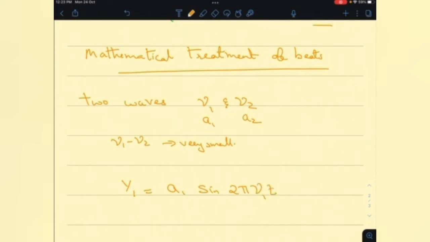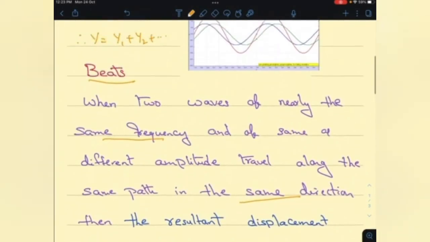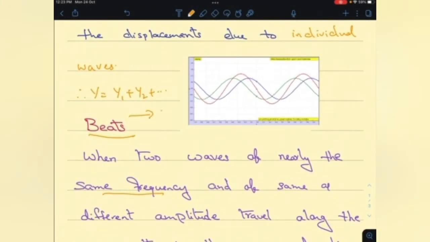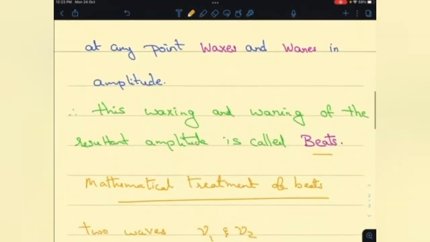Let me give them equation numbers. The first equation is y is equal to y1 plus y2, and the second and third equations are y1 is equal to a1 sine 2 pi nu1 t, and the second displacement is a2 sine 2 pi nu2 t.